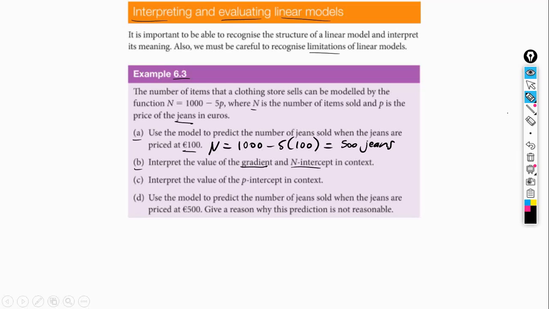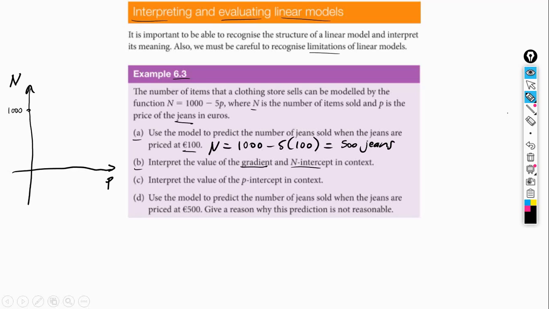So if we imagine a graph for this case, let's just draw a couple of lines here. N is the dependent variable, so we write it on the y-axis, and then p is the price. We write that on the x-axis. So notice that at the beginning, the store would sell 1,000 items. So let's say this is 1,000.